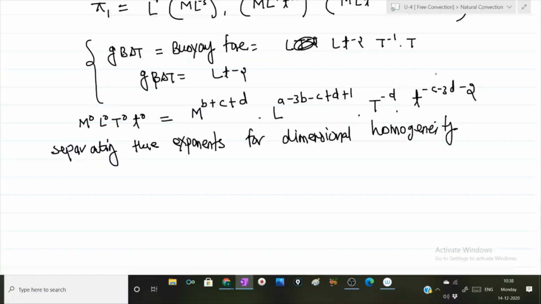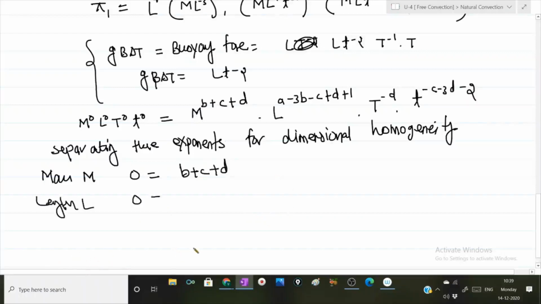Units of left hand side terms will be equal to units of right hand side terms with respect to their primary dimensions. So if I separate it for mass M, left hand side exponent is 0 and right hand side exponents for M are b plus c plus d. Similarly for length L, 0 is equal to a minus 3b minus c plus d plus 1.